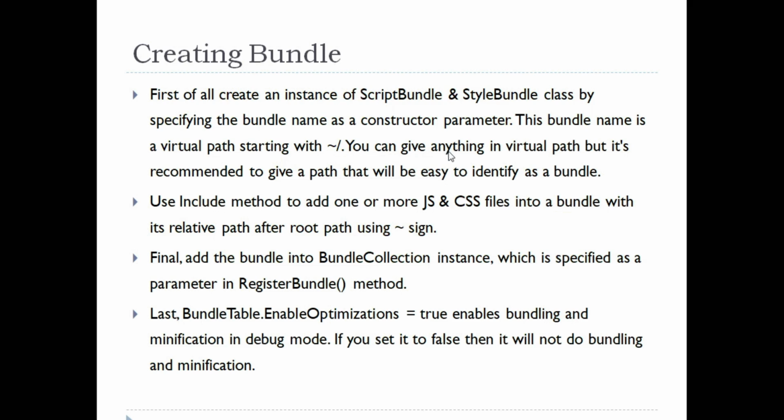Actually you can give any virtual path, but it is recommended to give a path that will be easy to identify as a bundle. Okay, and then after that you have to use the Include method to add one or more JS and CSS files into a bundle with a relative path after the root path using the tilde sign.